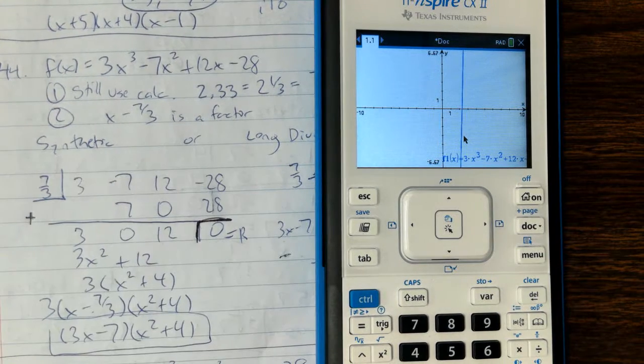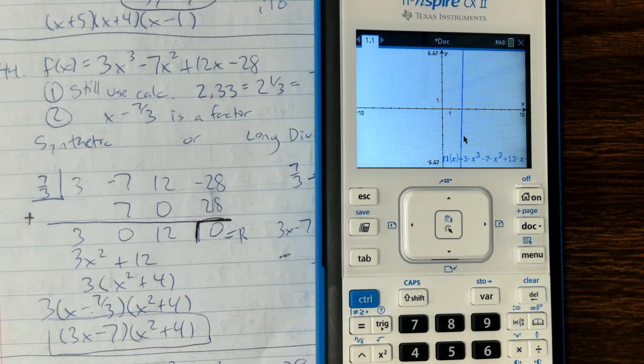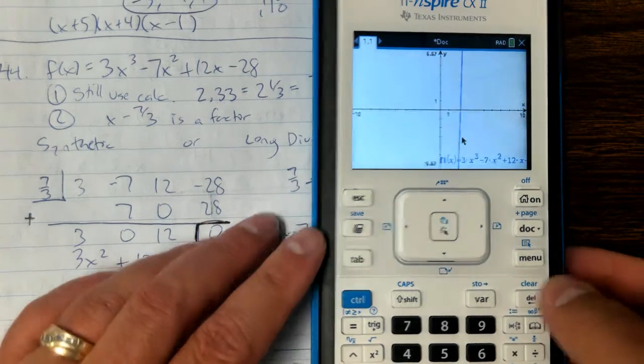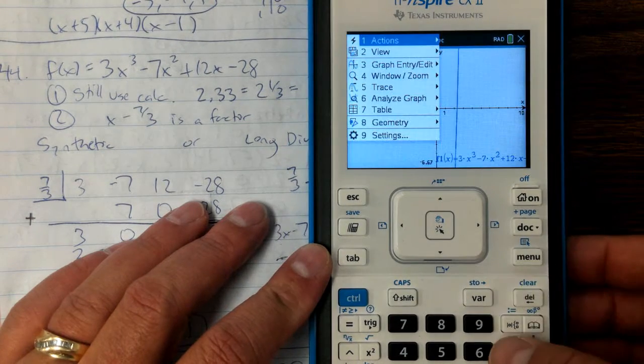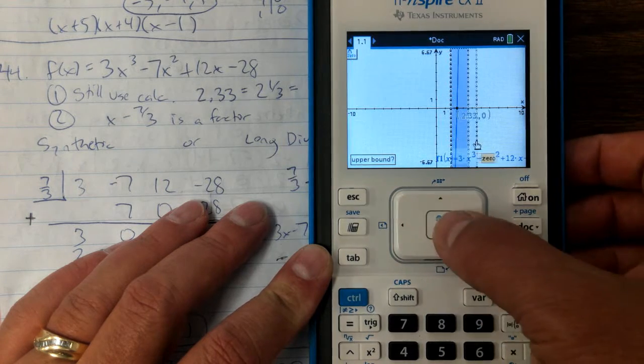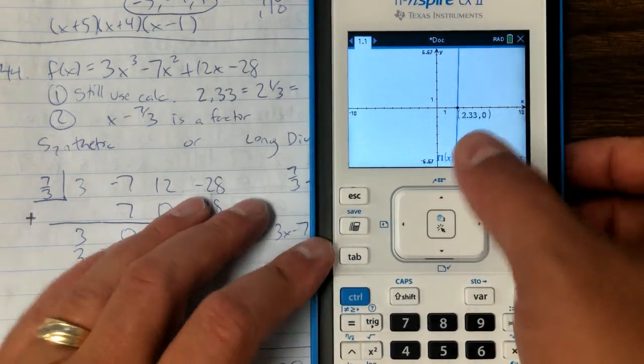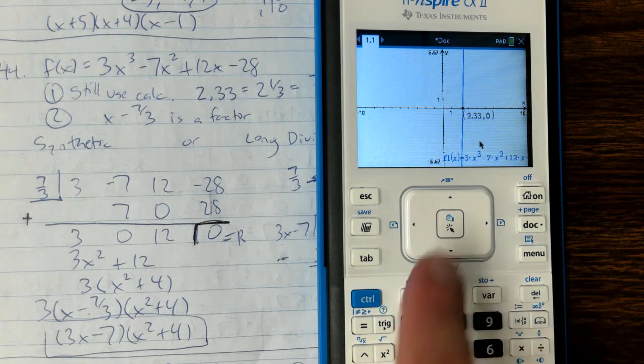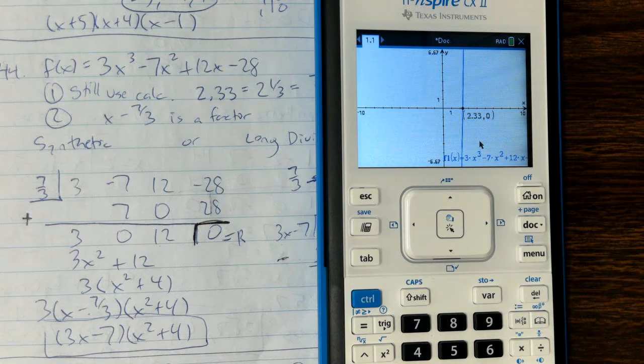Remember that it would either have one real root or 3. If it has 1, the other two answers would be imaginary. So what we're going to do is go to menu, analyze, 0, and between here and here is 2.33. Whenever it has 2 decimal places, it could be a rounded answer, and so it's not quite as reliable.